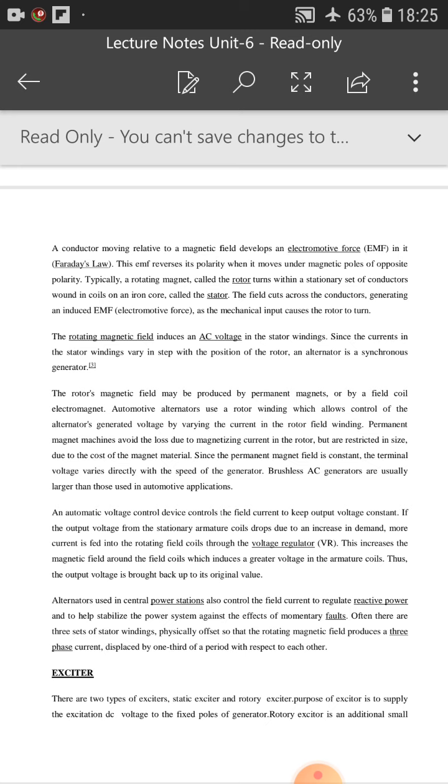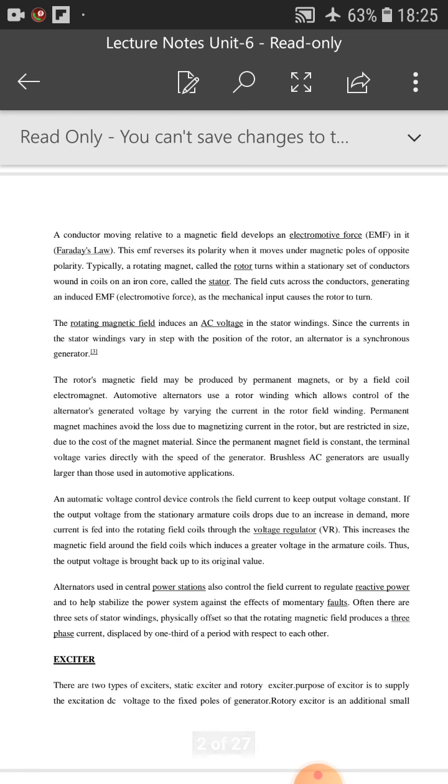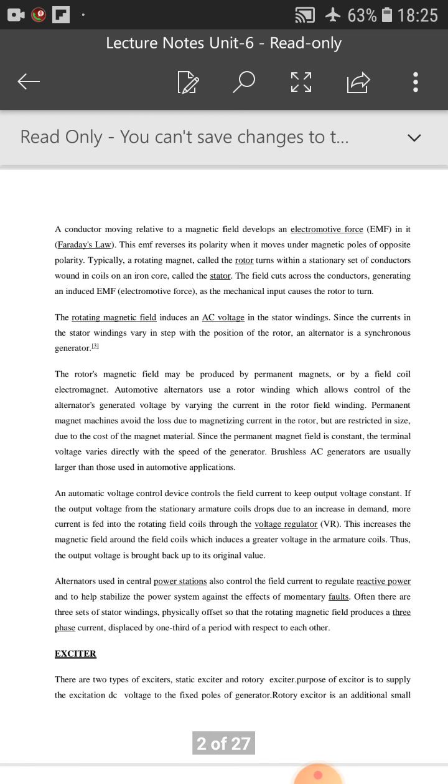Since the permanent magnet field is constant, the terminal voltage varies directly with the speed of the generator. Brushless AC generators are usually larger than those used in automotive applications. An automotive voltage control device controls the field current to keep output voltage constant.